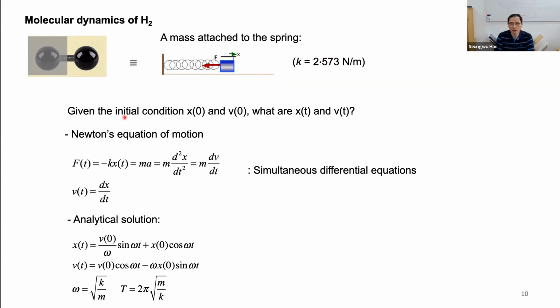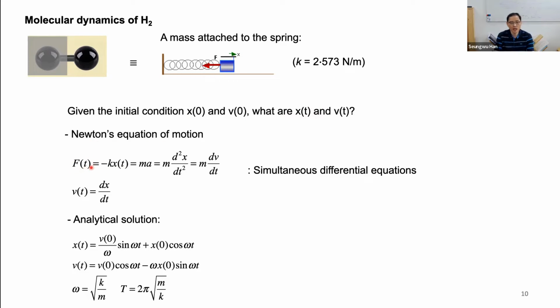And here our question is: from the initial conditions x0 and v0, the position and the velocity, what are the position and the velocity at a later time t? Okay, so this is the most simplified version of what Laplace mentioned in his Laplace demon. And this is what we want to do. In order to obtain these two quantities, we solve Newton's equation of motion.